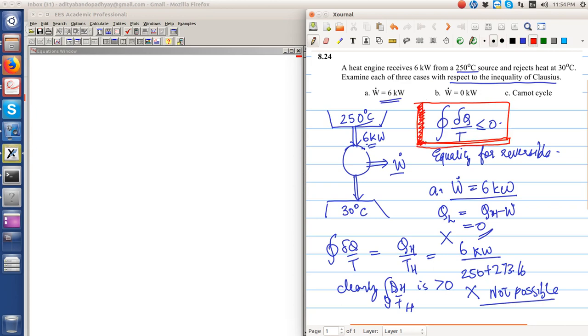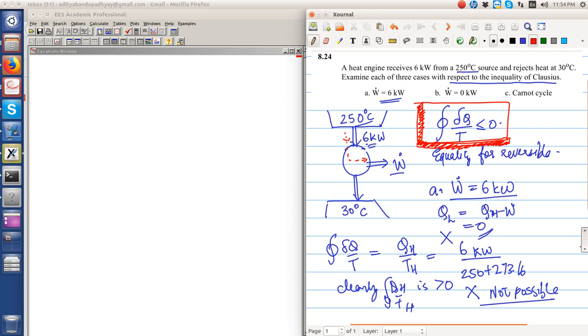Not only does it violate the Clausius inequality, it also violates the Kelvin statement of the second law: if W dot is equal to 6, then there is a complete conversion of whatever heat is absorbed into work.